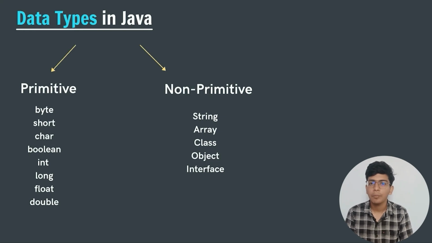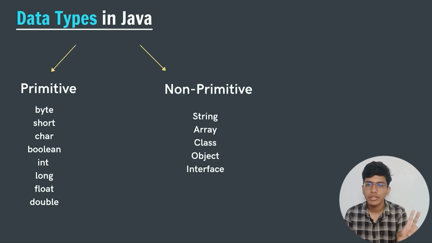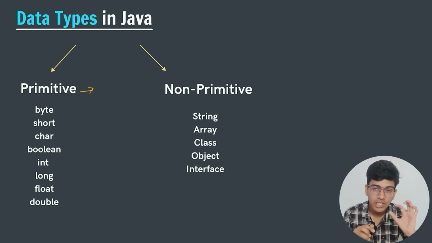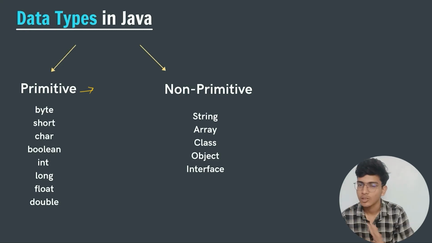So in Java, we have primarily two different kinds of data types, that is primitive data type and non-primitive data type. Primitive data types are, you can say, inbuilt data types. In the previous example I showed you int a is equals to 10. I just wrote int a is equals to 10, right?